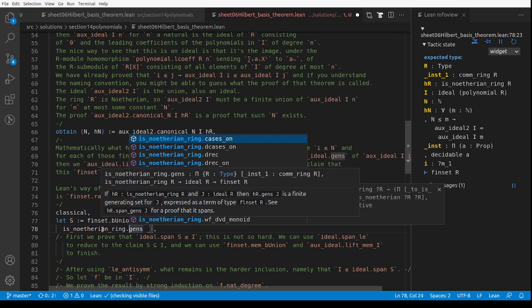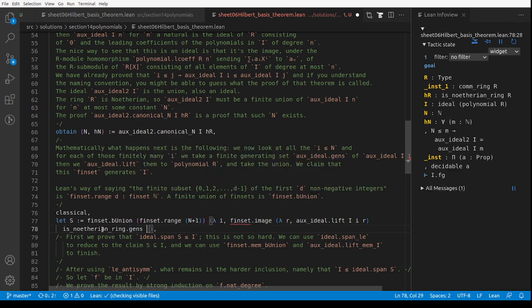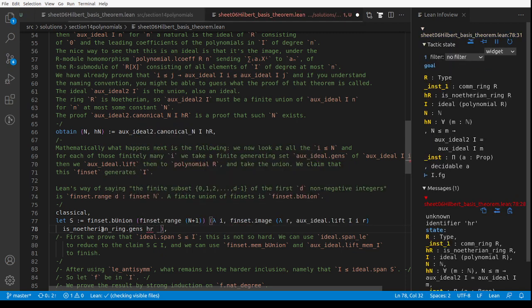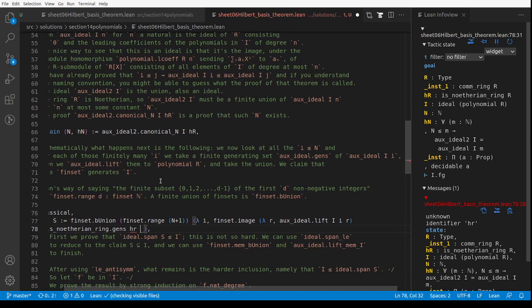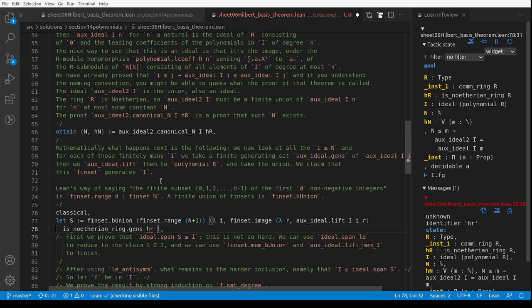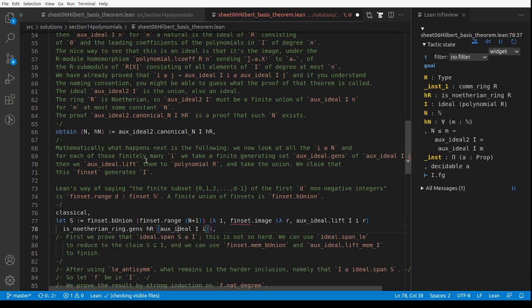So it wants the proof that R is Noetherian, and then it wants an ideal. So now we want HR. And the ideal we want, orcs ideal I i. So orcs ideal, capital I, little i. And this should be H capital R. There.